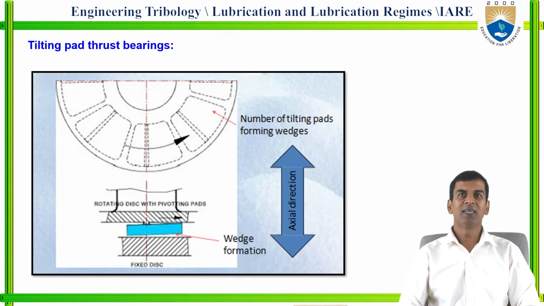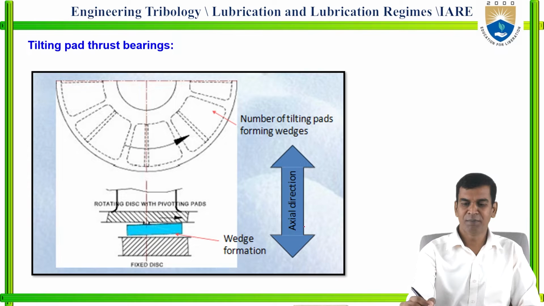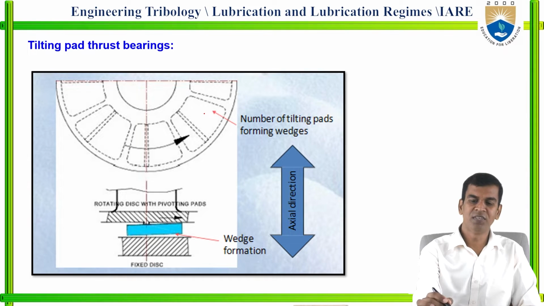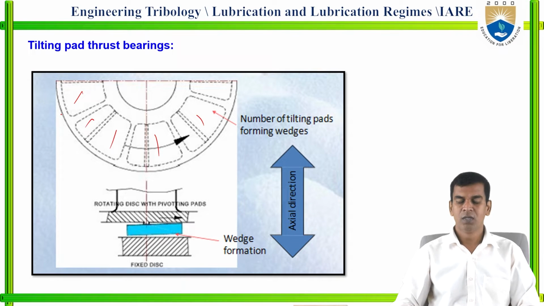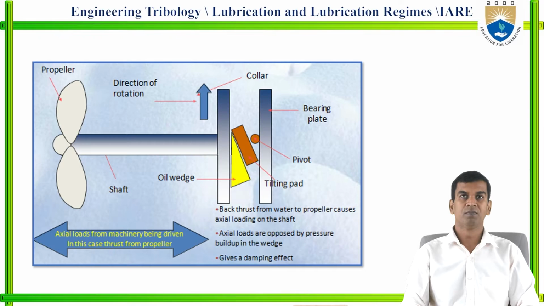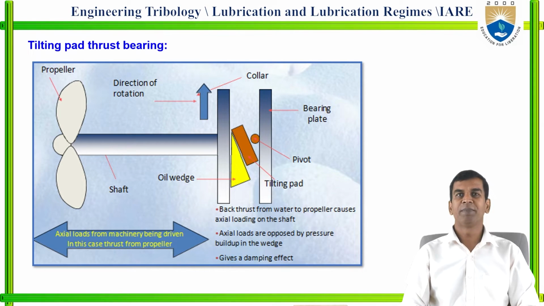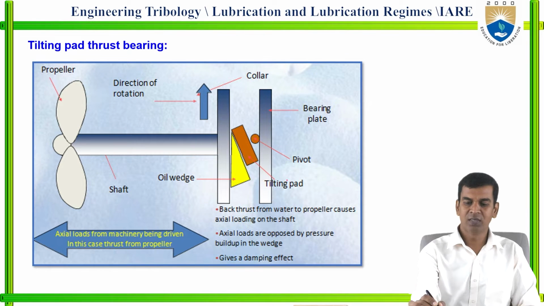You can see that tilting pad thrust bearings will be there. Here, in the axial direction, a number of tilting pads form the wedges. You can see that everywhere wedges will be formed, and oil film formation will take place. You can see a tilting pad thrust bearing also. Here you can see the tilting pad.